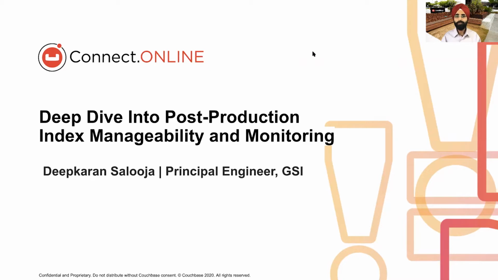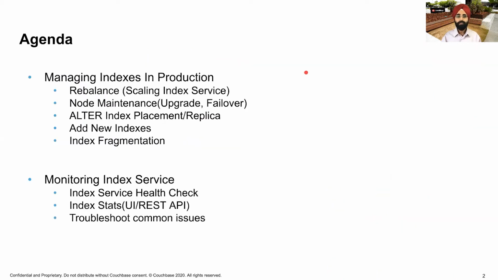This video is going to be a deep dive into post-production index manageability and monitoring. We are going to talk about managing indexes in production. We'll touch base upon how to scale index service using Rebalance, node maintenance operations such as upgrade, failover, alter index placement, and changing the replica counts, adding new indexes in production, index fragmentation, and some best practices related to all these operations.